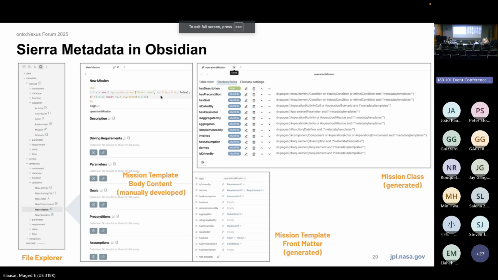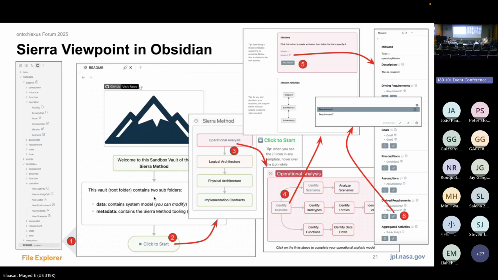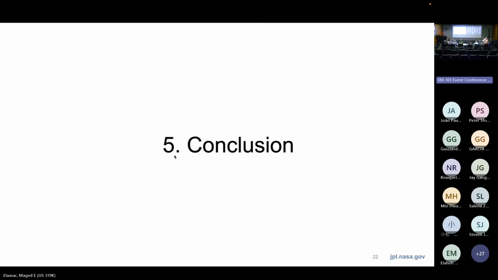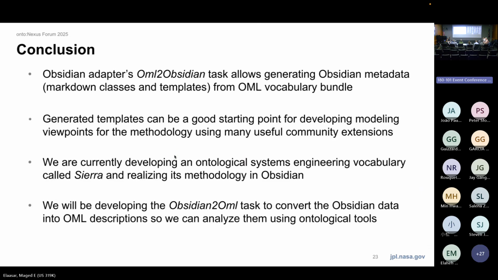So we generate from that the Obsidian metadata, what you saw in my demo here, and these are the screens that a methodologist can then very easily define with Markdown to make it easy for the system engineers to go and fill in the information needed. And then finally, there will be that reverse transformation that gets you from that vault of Markdown files back into ontologies.